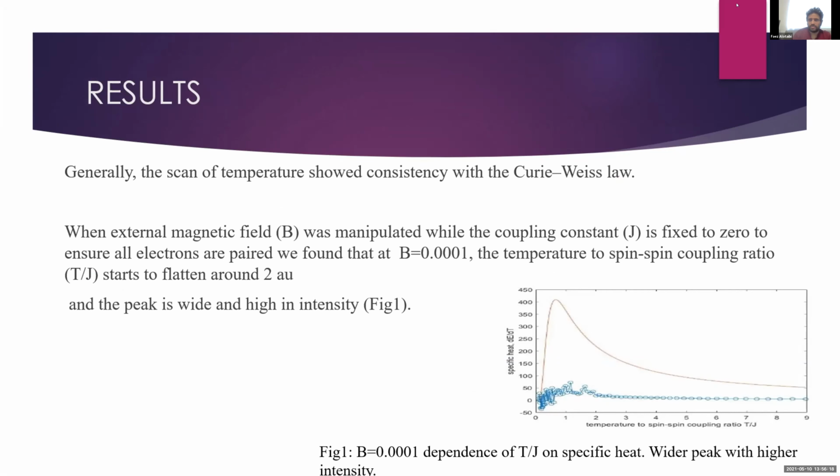Generally, what we found is that the scan of temperature showed consistency with the Curie-Weiss law.